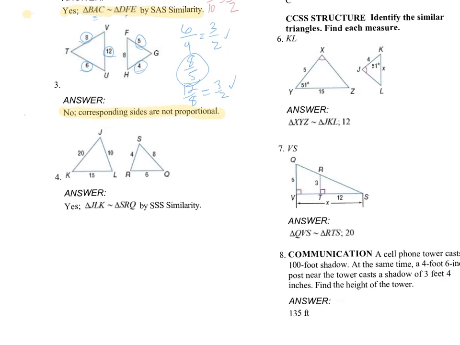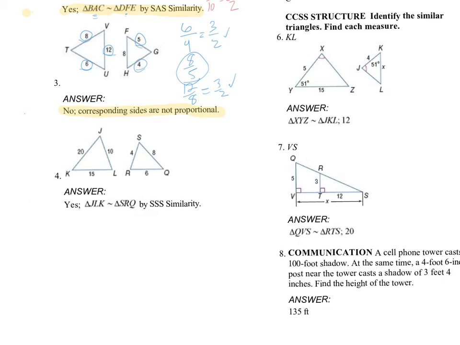Okay, looking at number 4, once again, we're not given anything about the angles. So knowing that, I immediately jump to the sides and we start with the largest one here, 20, and then the largest one over here is 8. If I reduce that by 4, that is going to give me 5 halves.